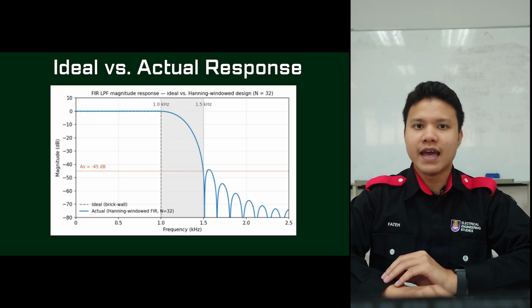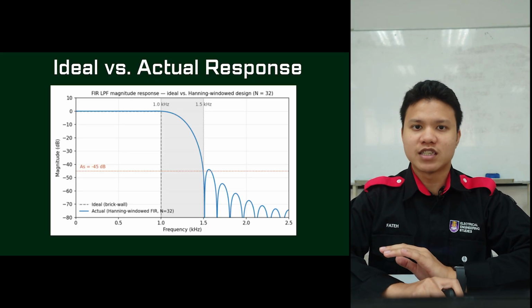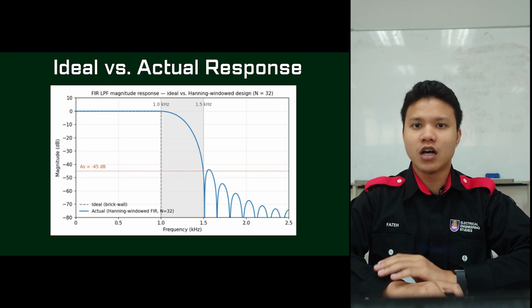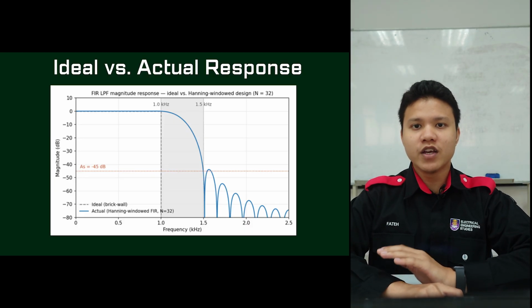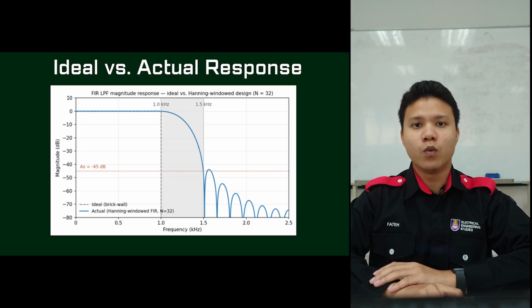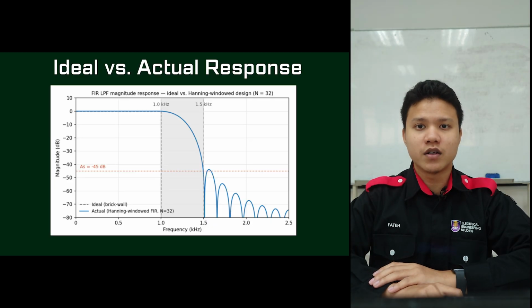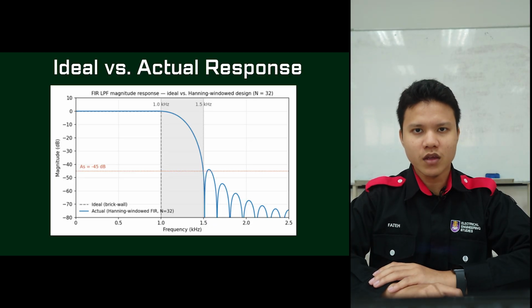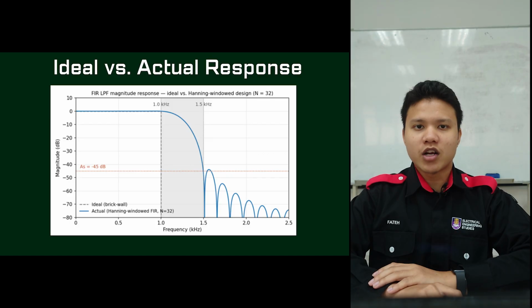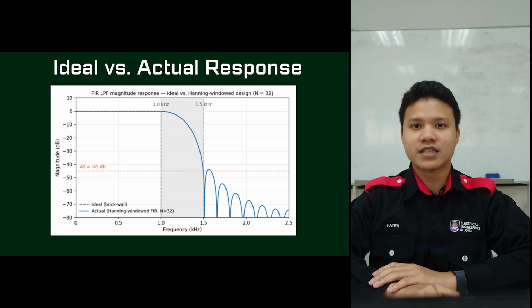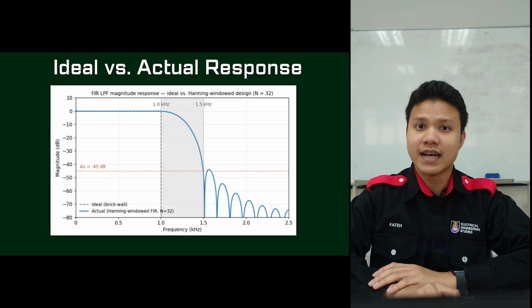By applying a Hanning window, our actual response, represented by the solid blue line, smoothly rolls off across the shaded 1 to 1.5 kHz transition band. The passband remains remarkably flat, within 0.05 decibels of unity gain, while our stopband provides a worst-case peak attenuation of roughly negative 43.9 decibels.